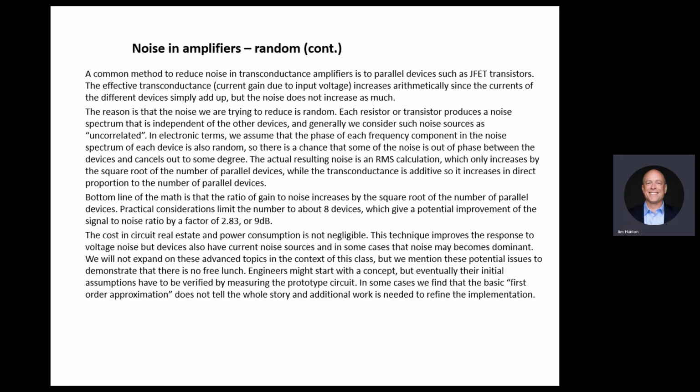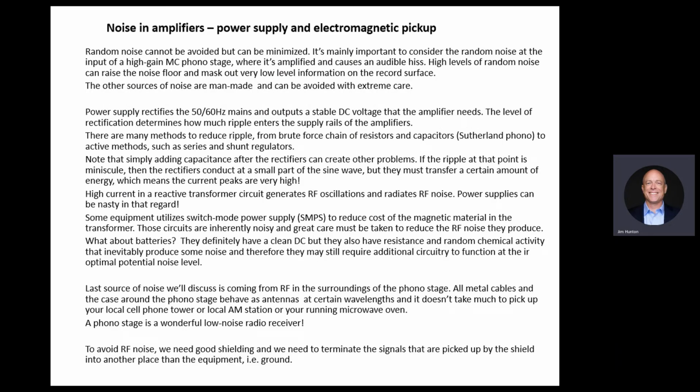This is a really good number. They're used in the front-end circuit. In the later stages, you can tolerate other devices. Okay, that's noise in amplifiers. We don't have much time, so we're going to move on to power supply noise.